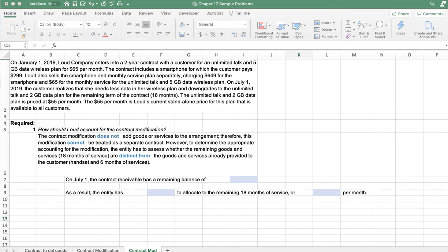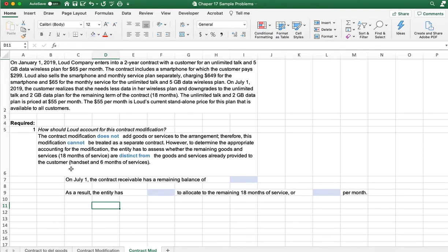And so therefore, at the date of modification, we're going to determine the remaining monthly services versus what was already allocated or provided by the customer, and determine the remaining performance obligation. So let's start with, we really kind of need to go backwards and figure out how it was allocated to begin with for the first 6 months.